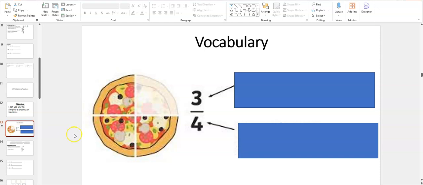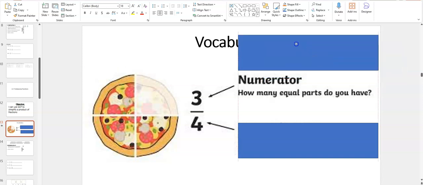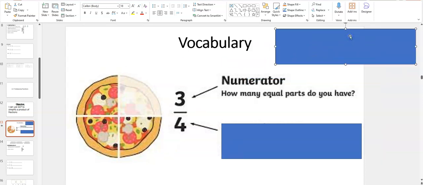Okay, so first we're going to review some vocabulary here. So here we have our fraction. It's just a pizza, and we've got 3 out of 4 slices left. Remember that top number is a numerator, and the numerator is telling me how many equal parts we have. So we have 3 parts available.